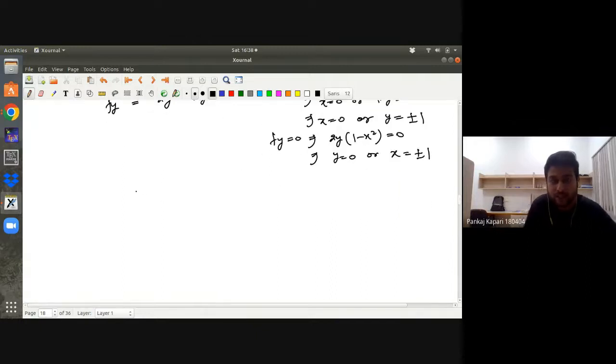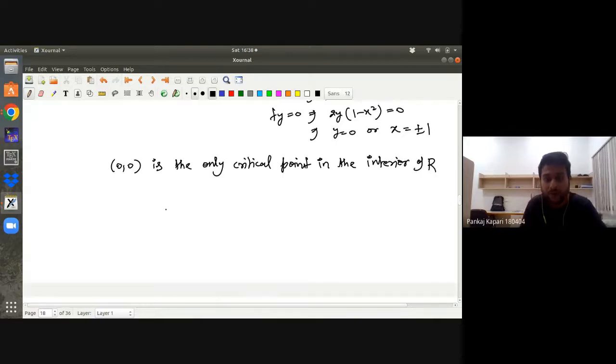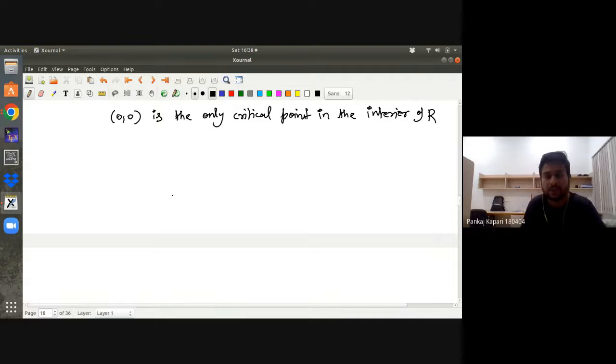So in the interior there is only one critical point: 0, 0 is the only critical point in the interior of the disk, and that disk is R. Now we will consider the boundary of R, the boundary of the disk.